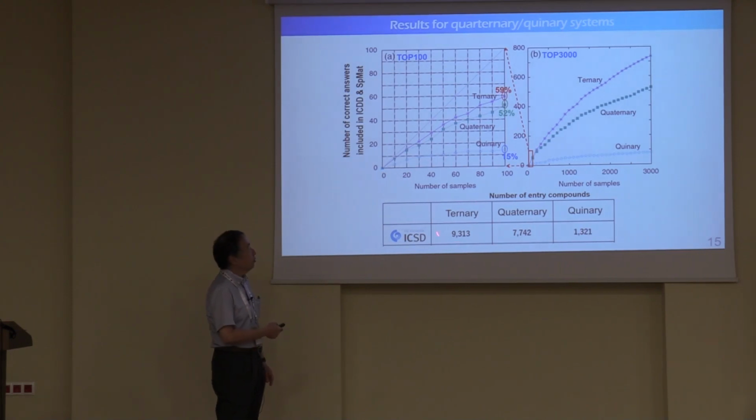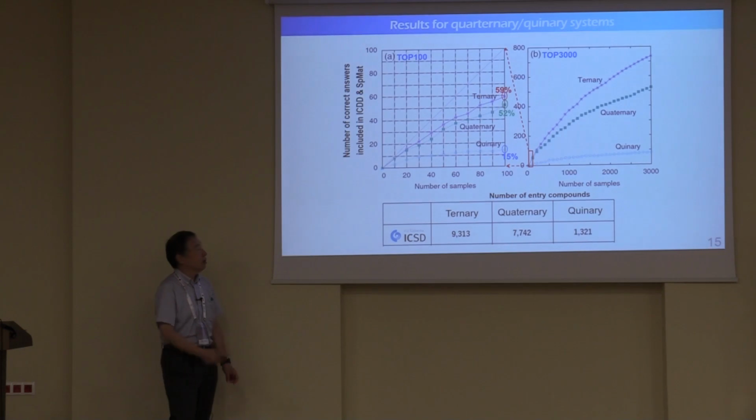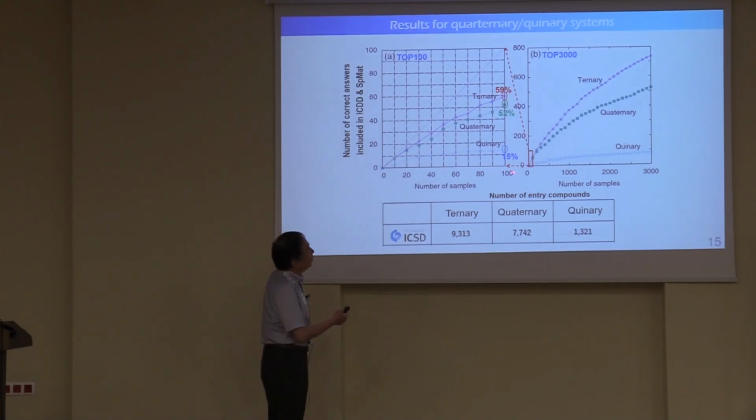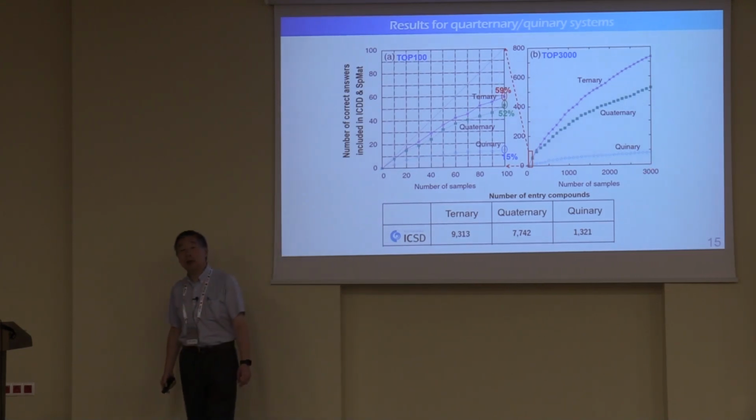They did more experiments for the ternary system. That's the reason why the quinary system data is limited. This is just up to top 100, but the tendency is more or less similar up to top 3,000 ranking.